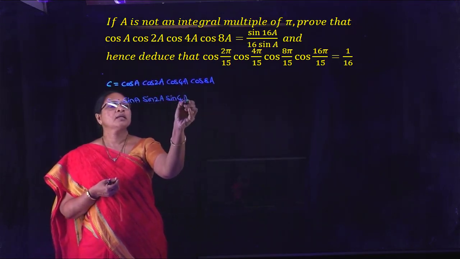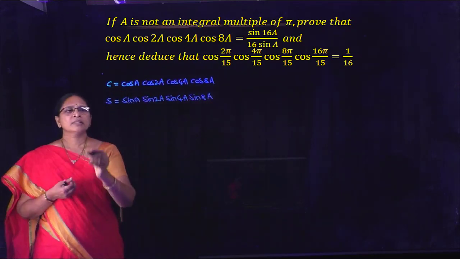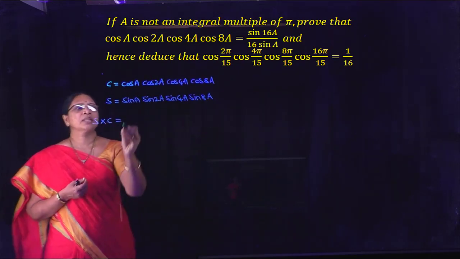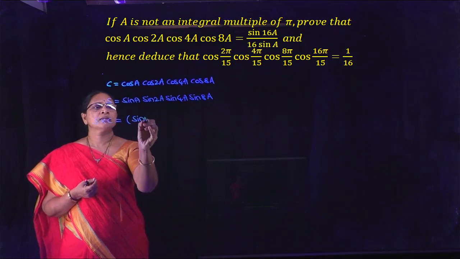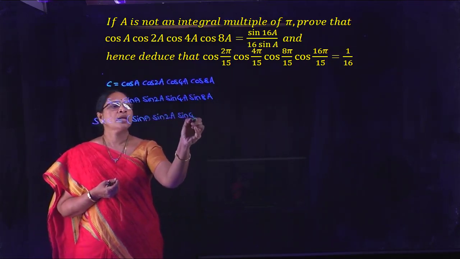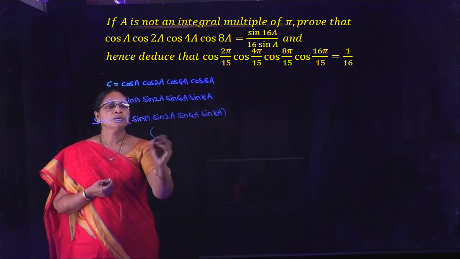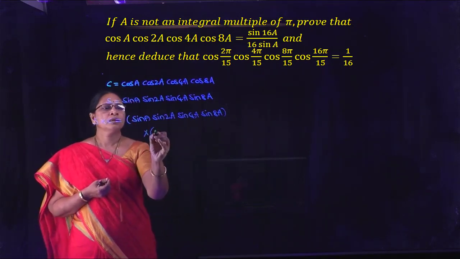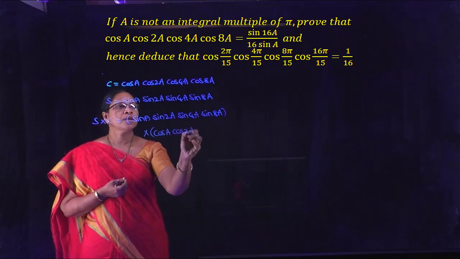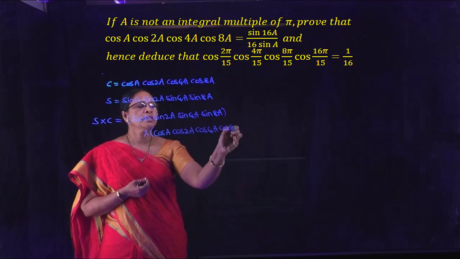sin 4A, sin 8A. Let us consider S into C. S into C, that is sin A, sin 2A, sin 4A, sin 8A into C. C is cos A, cos 2A, cos 4A, cos 8A.